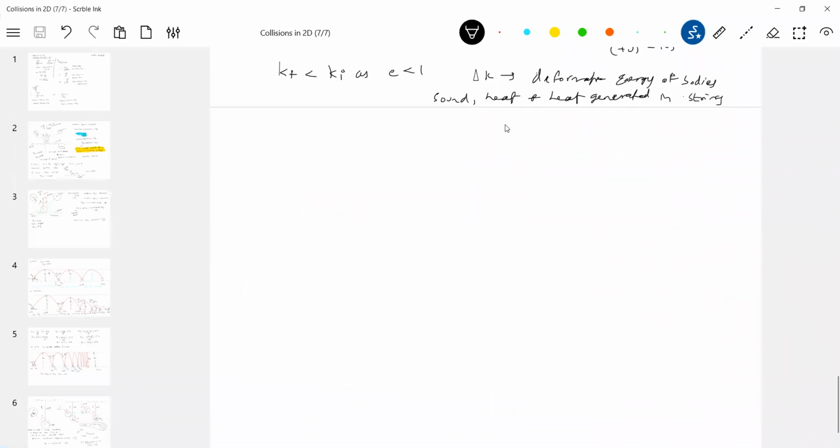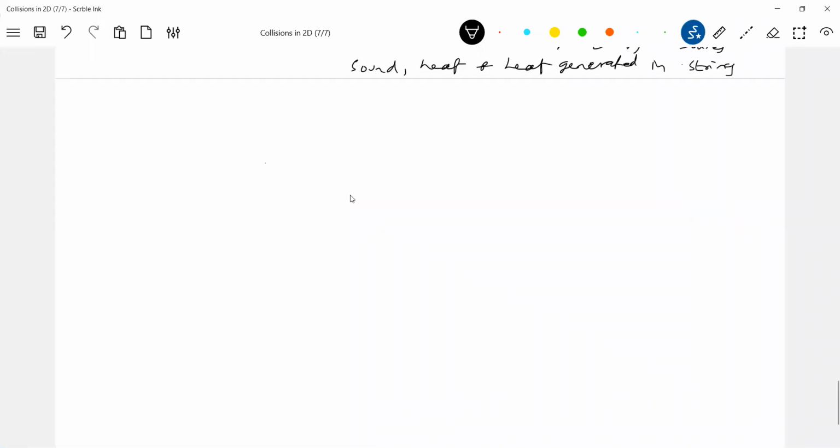Next one, instead of a string, let there be a spring. Let's see what conditions will arise. If we consider that upper wall, string and balls as one system, then the net impulse along the y-axis would be 0.